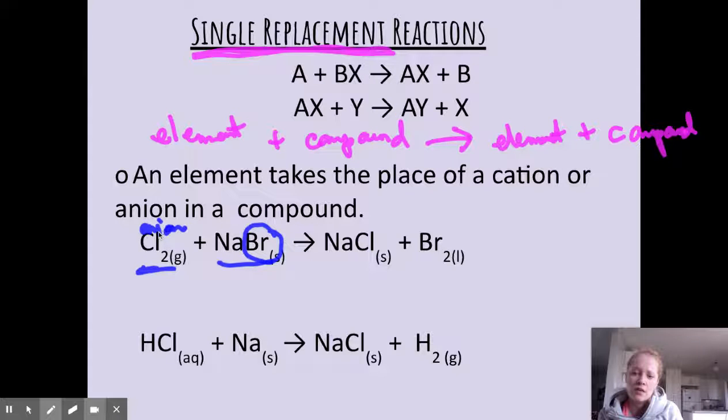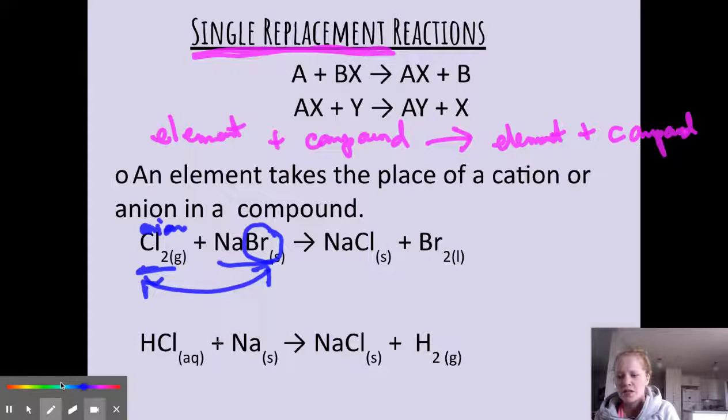This element is an anion, so it is going to switch with the anion of the original compound. These guys are going to just play a little switcheroo. And now, because they have switched places, sodium now has chlorine in it, and bromine is on its own. And that is a single replacement.